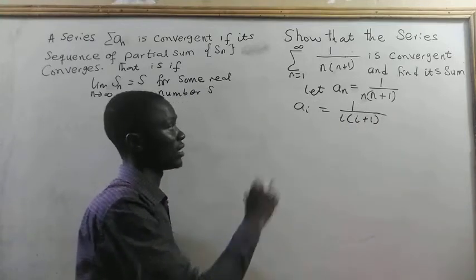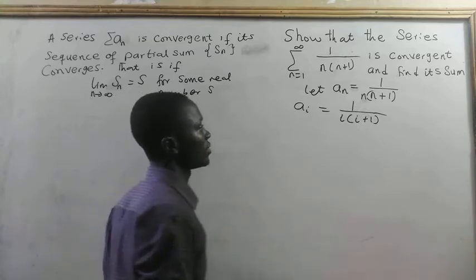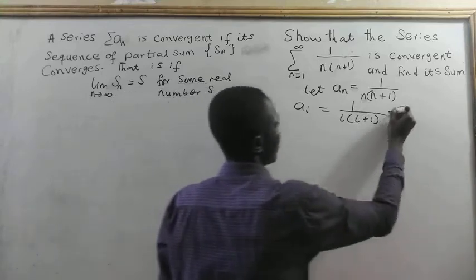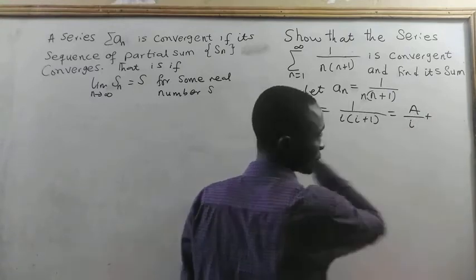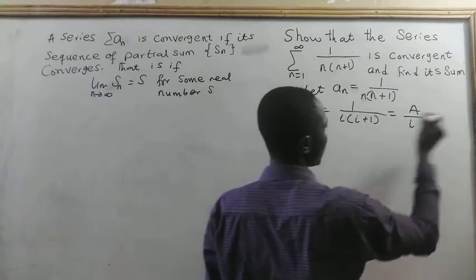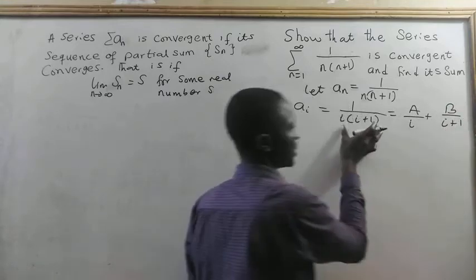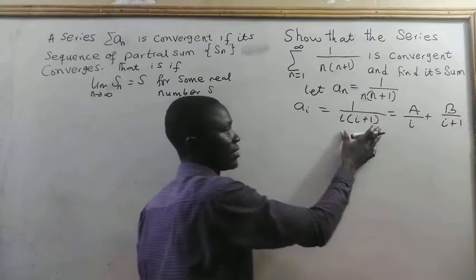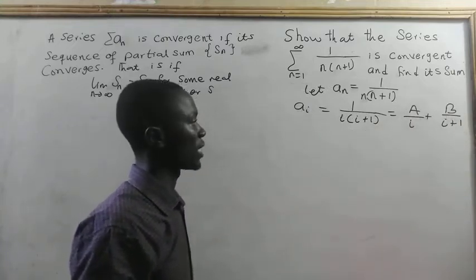I just want to change the n to i. This is the same as A divided by i plus B divided by i plus 1. That is, the denominator is linear. We have linear factors, so that's how we decompose it into partial fractions.